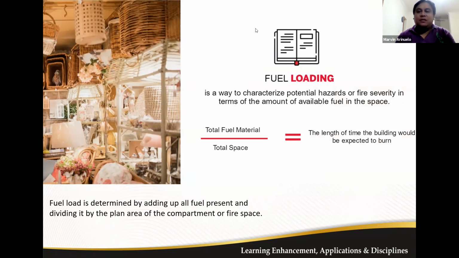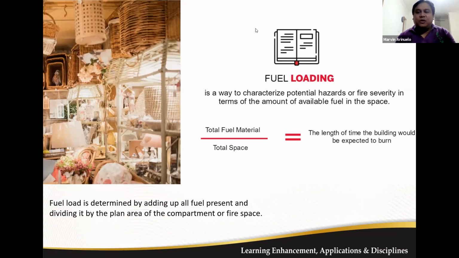Fuel loading. The concept of fuel loading is a way to characterize the potential hazard of the fire severity in terms of the amount of available fuel in the space. Meaning total fuel material over the total space.